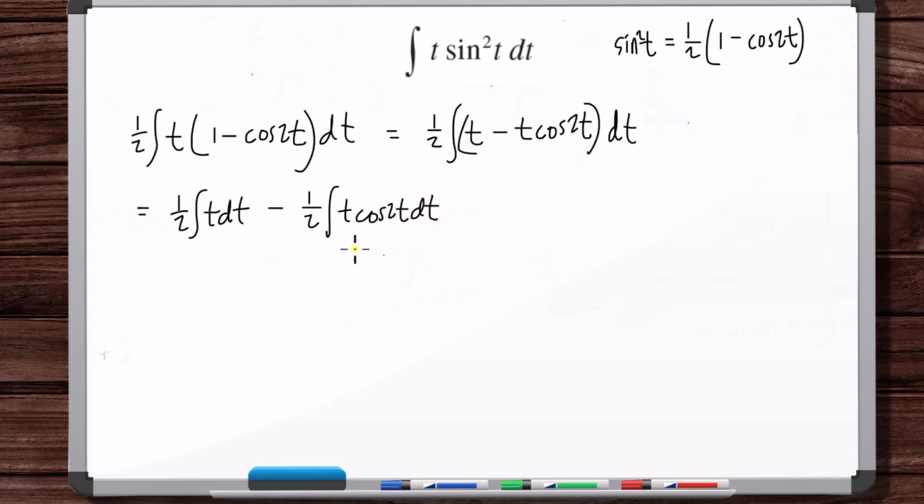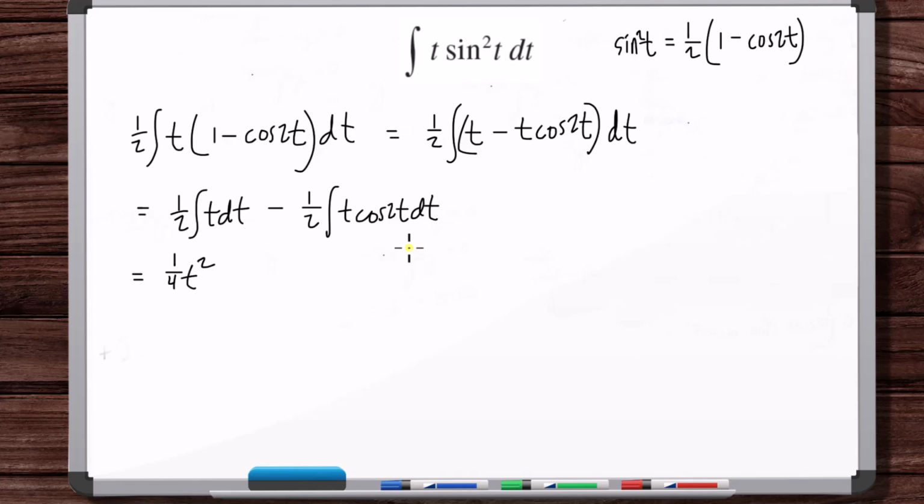Okay, so we might be able to solve this with integration by parts, but let's see if maybe they were wanting us to do something else. So, yeah, I don't think there's another trick here that I'm missing. So, let's just do integration by parts. So this is going to be 1/4 t squared. All right.